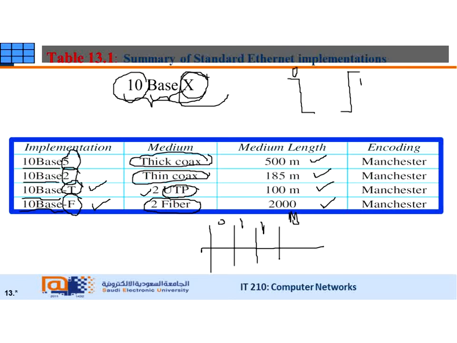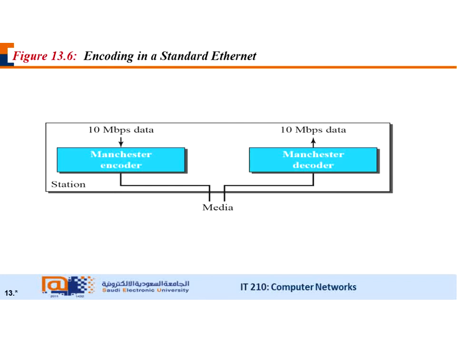If I'm using Manchester encoding, for 0 we have this signal. Then for 1, it will be like this. Again 1, so it is like this. And 0, it's like this. So this is Manchester encoding. I have given you just a quick overview of what Manchester encoding is.